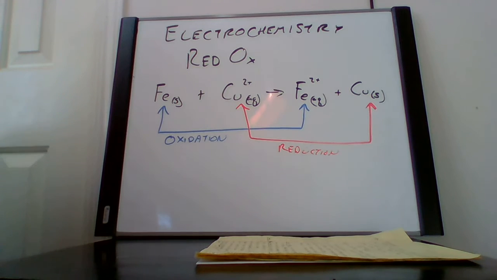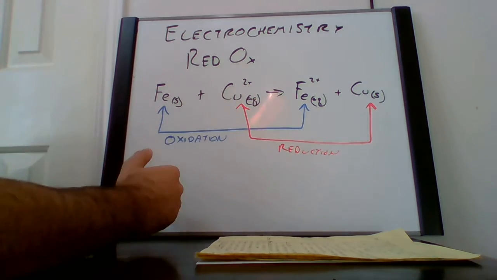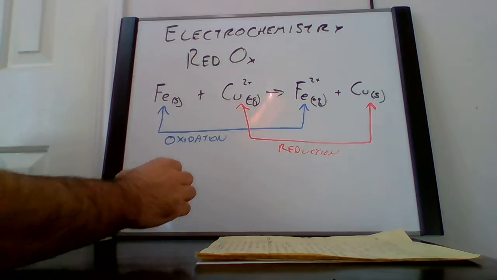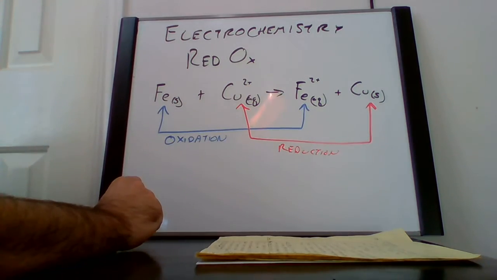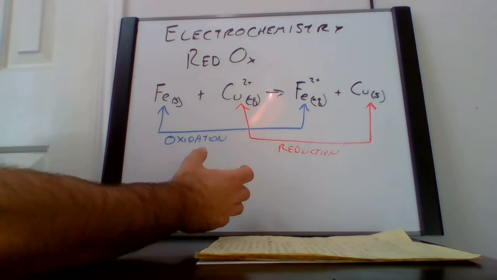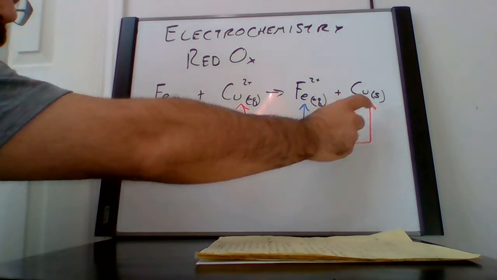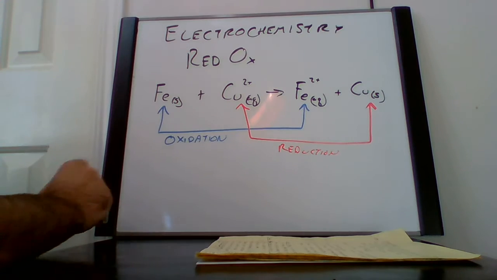Now in these notes, I've got a few different ways that we can think about what's happening in here, but essentially, an object that is being reduced, this copper going from a 2 plus to a copper 0, that charge is being reduced. It's gaining 2 electrons. Okay, so as it gains those electrons, its charge is reduced, hence being called the reduction.